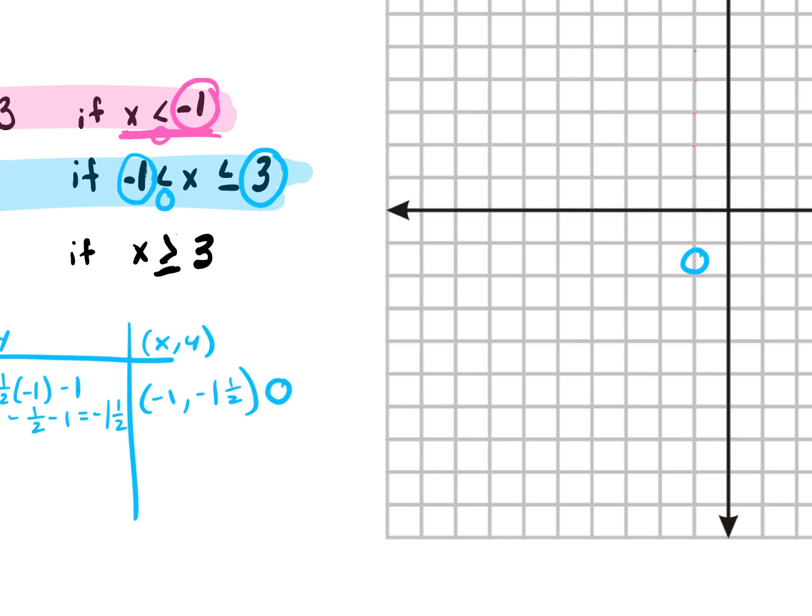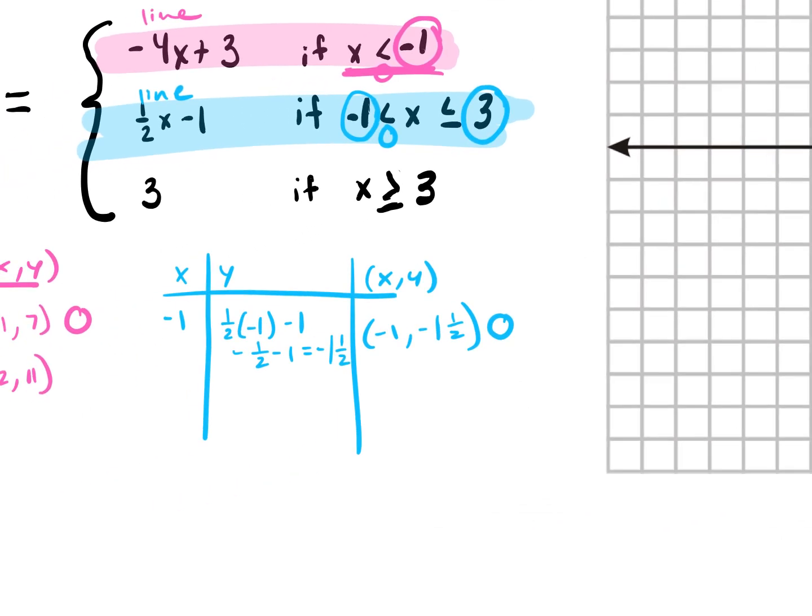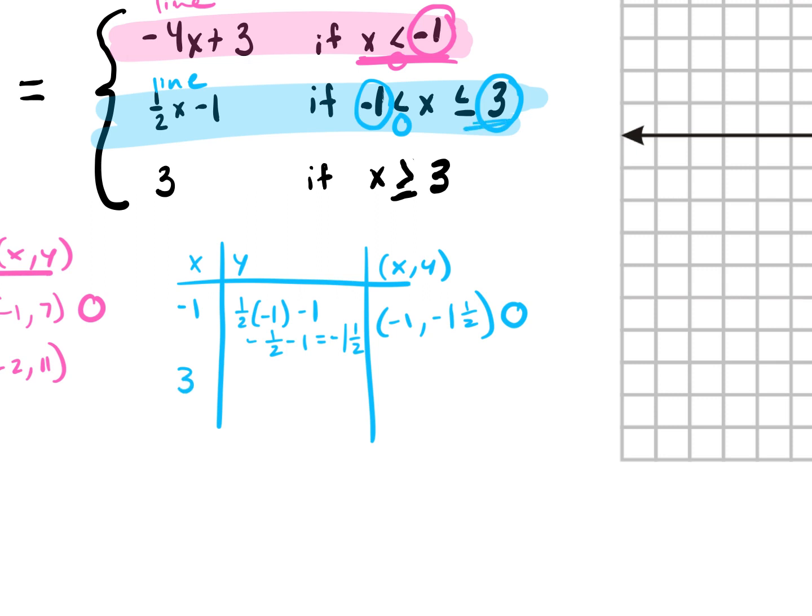What number should I plug in next? 3. So I'm going to plug in the other number that it tells me to. So I have 1/2 times 3 minus 1, which would be 3/2 minus 1. What's 3/2 minus 1? 1/2. Perfect. So my next point's 3, comma 1/2. At this point, do I have an open or closed circle? Closed.